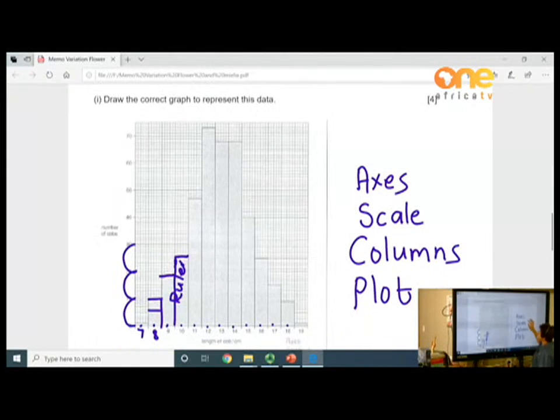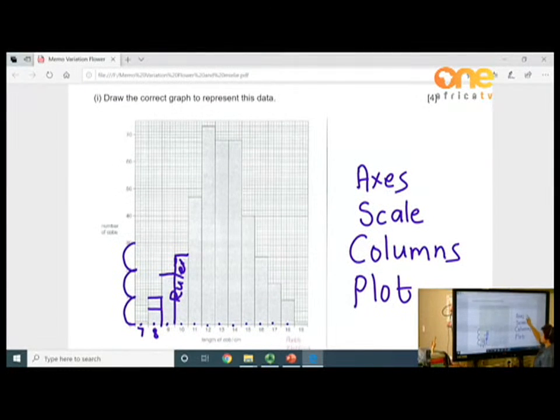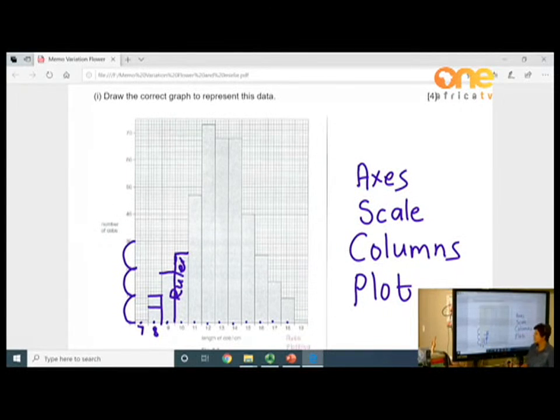And we draw a histogram. You will get a mark for having length of cup here and number of cup there. We did not sort this into ranges because it was a small amount that we were working with.